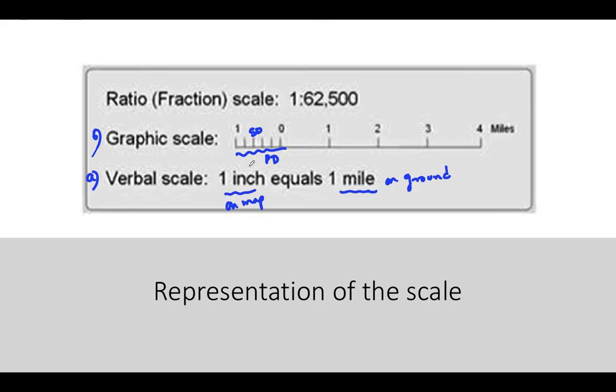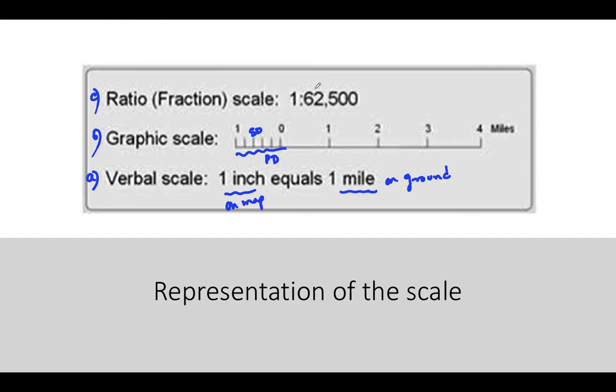Now, representative fraction or numerical fraction. What is the representative fraction? In this type of scale, the ratio between the map distance and the ground distance is represented as a fraction, where the numerator is always 1 and both the numerator and denominator are expressed in the same unit.